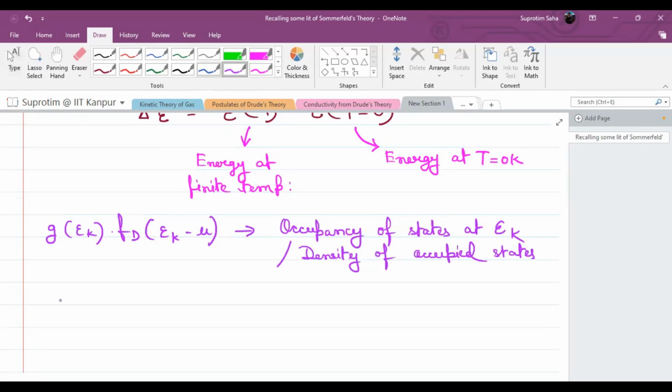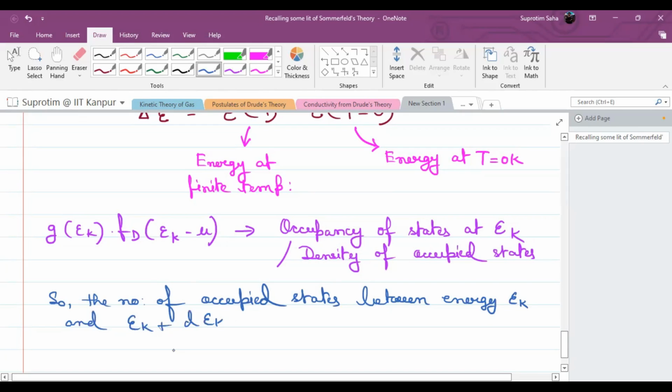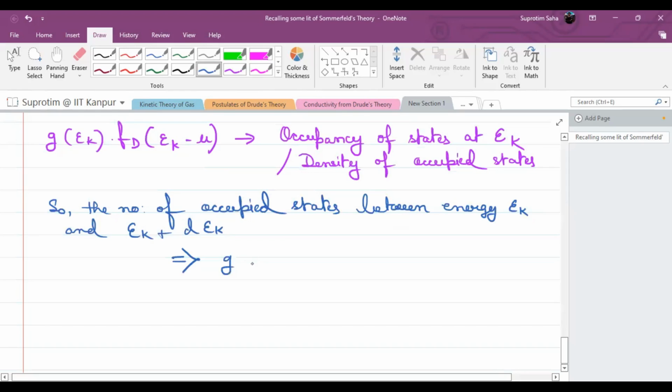So the number of occupied states between energy Ek and Ek plus d of Ek will be given by g of Ek times Fermi-Dirac times the difference in energy, which is d of Ek. All right.